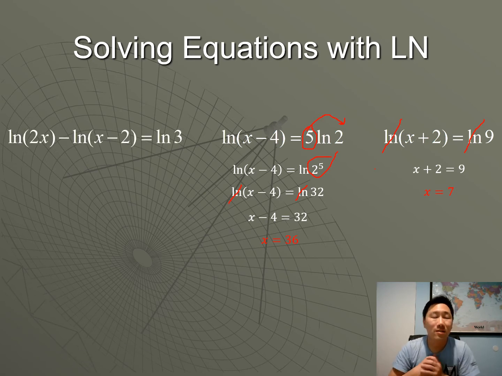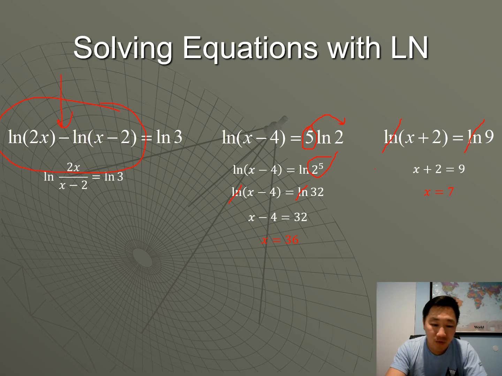Let's do one more. This one's a little bit tricky just because there are so many natural logs in the problem, but we know that we can combine the natural logs just like we combined regular logs. So this one, the two natural logs are separated by a minus sign, so remember, to combine them, it turns into a division problem.